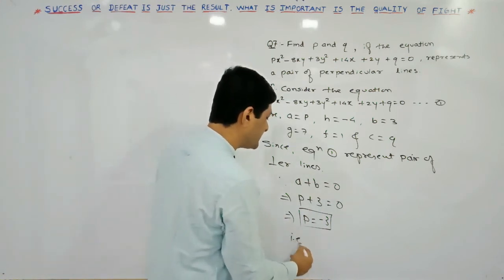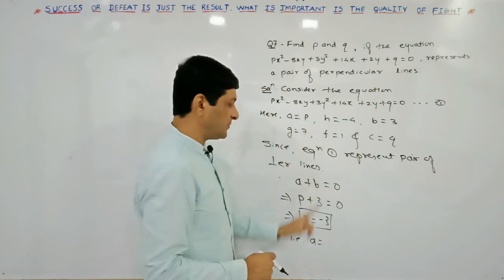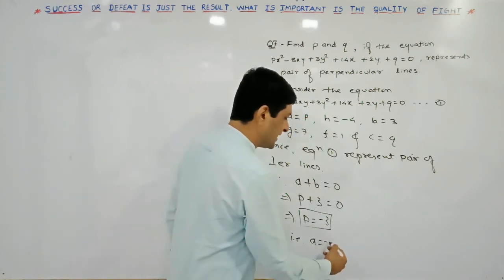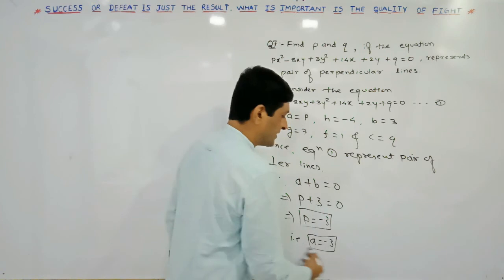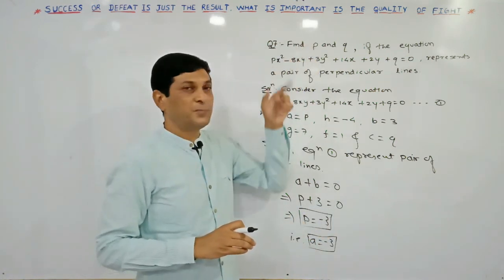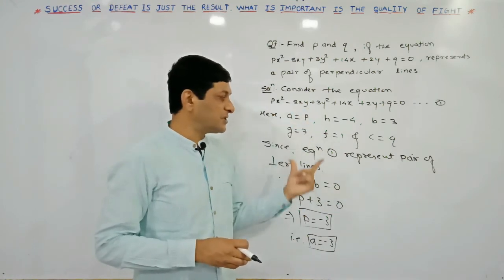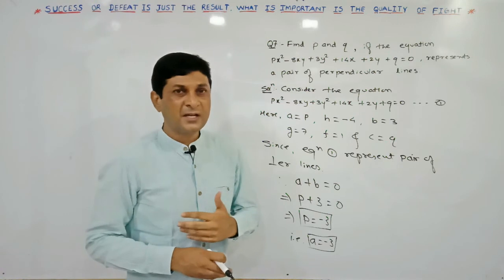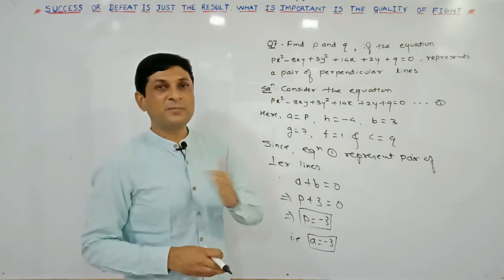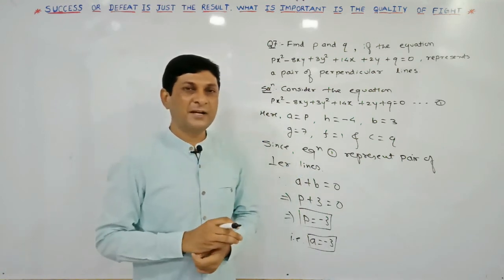So we can say that a is equal to p, but p is equal to minus 3, which means the value of a is equal to minus 3. So we have got our first required value, p, using the condition that the lines represented by this equation are perpendicular to each other. Also, the value of the discriminant is equal to 0. The value of the discriminant means that determinant. Why?